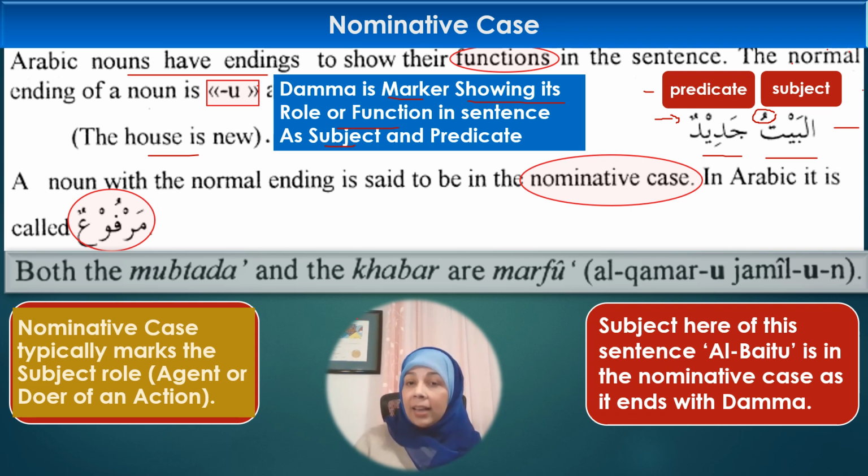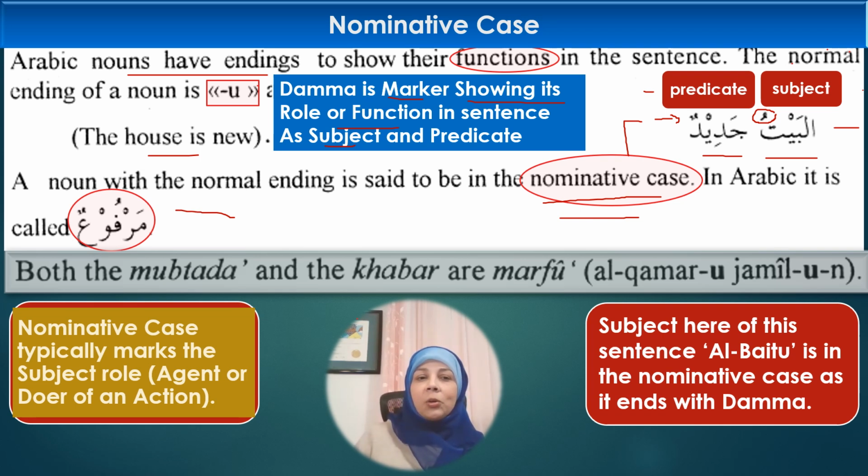Okay, so this ending with the Dhamma is said to be in the nominative case. So this is a new term that you have learned. And in Arabic, this state of ending with the Dhamma in the nominative case is called marfu'un.